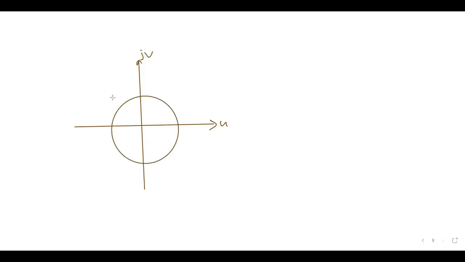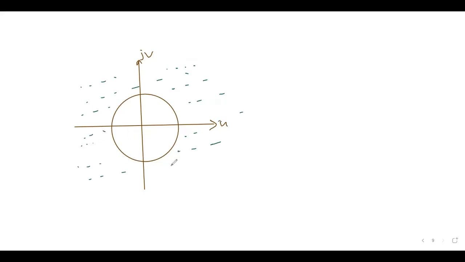Which area is the region of convergence? This area, outside the circle. What is the radius of the circle? 0.4. This is the ROC, the region of convergence. If we take the z value from this area, outside the circle, you will get a convergent series.